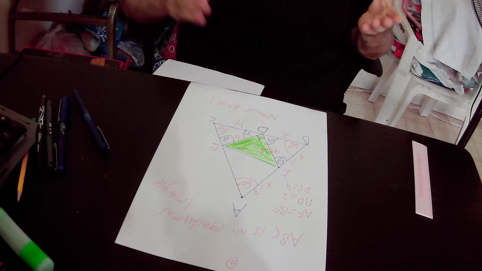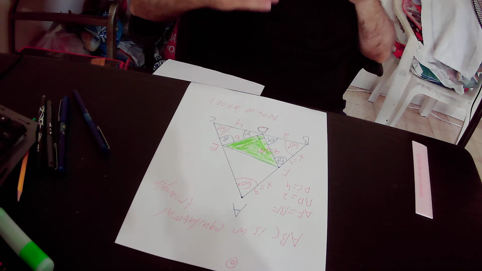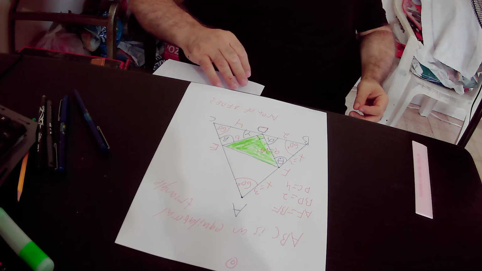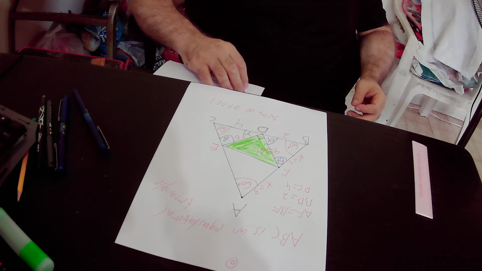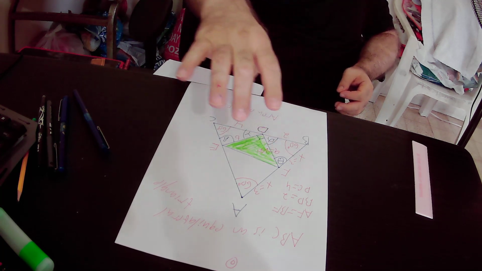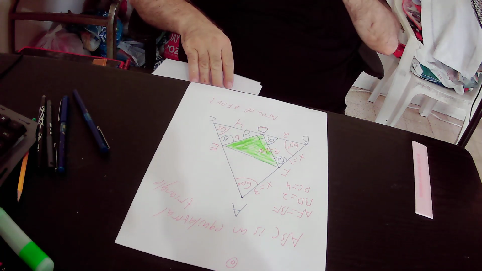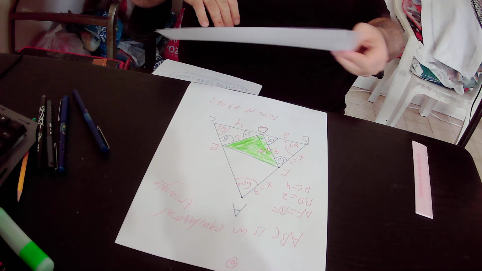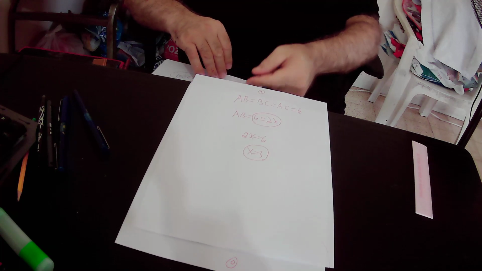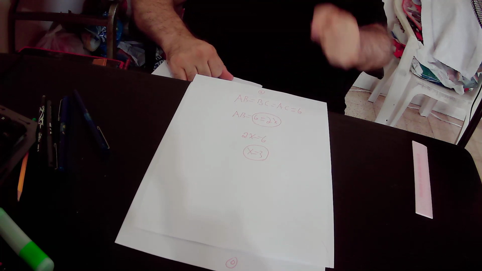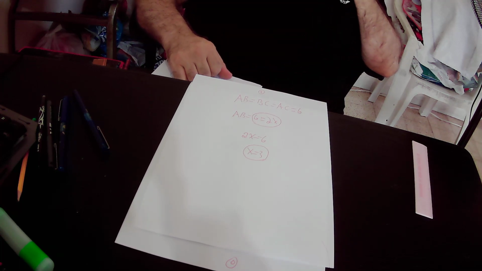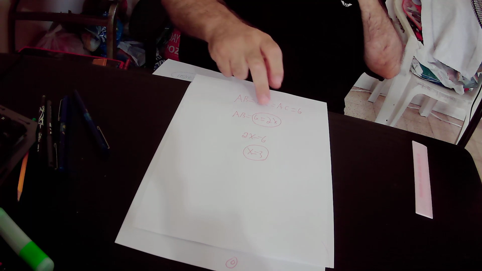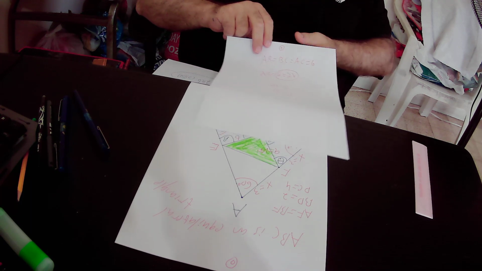And we know that all the sides in an equilateral triangle equal each other. So AB equals BC equals AC equals 6 units.